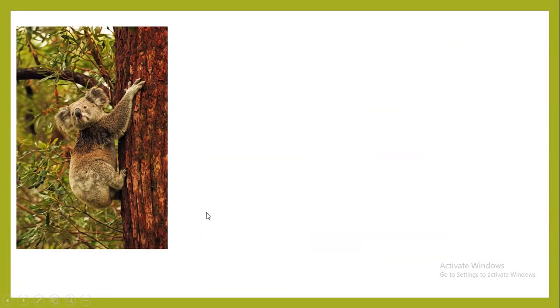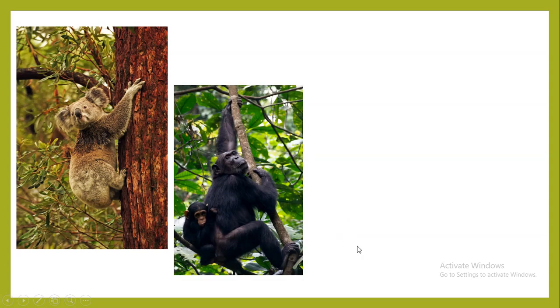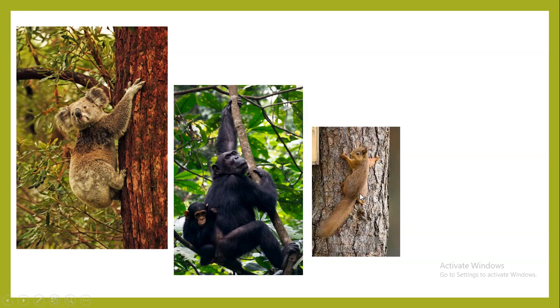Now this koala is climbing the tree, right? Using its hands and its legs. This monkey is also climbing the tree. It uses its strong hands. This squirrel also is climbing the tree using its hands and legs.